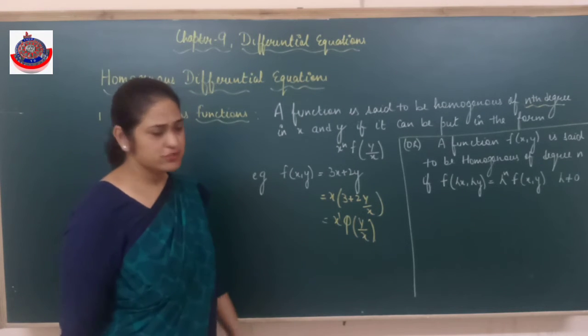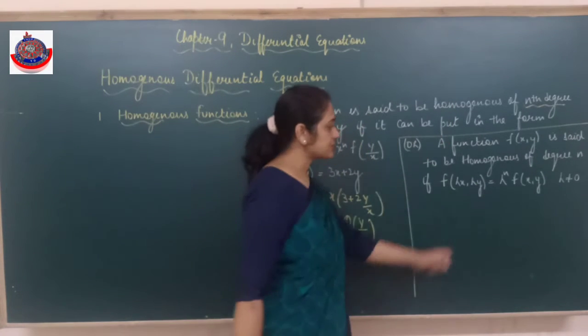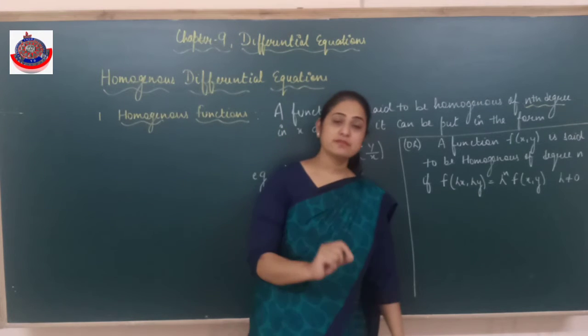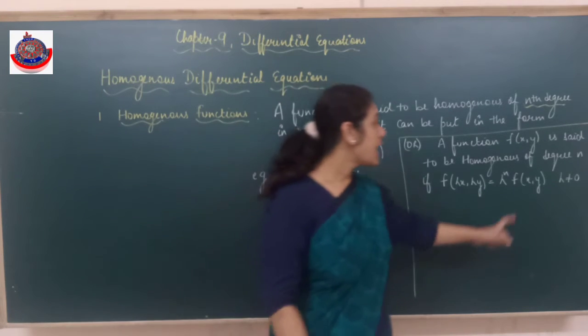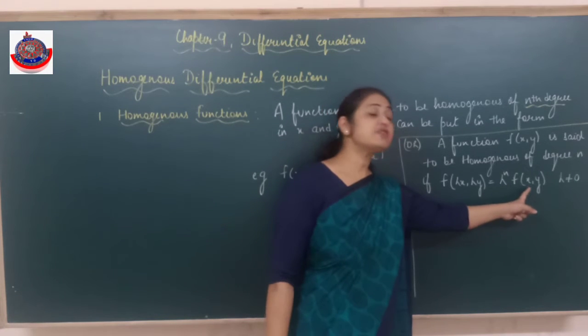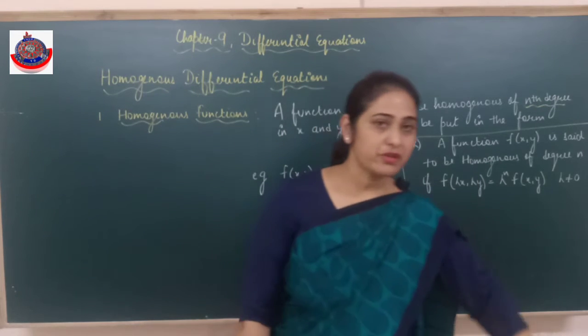Another method which we commonly use: suppose the function is f of x, y. If I replace x by lambda x and y by lambda y, and lambda comes out common, and the original function comes back, then we say it is a homogeneous function. This is what we use.